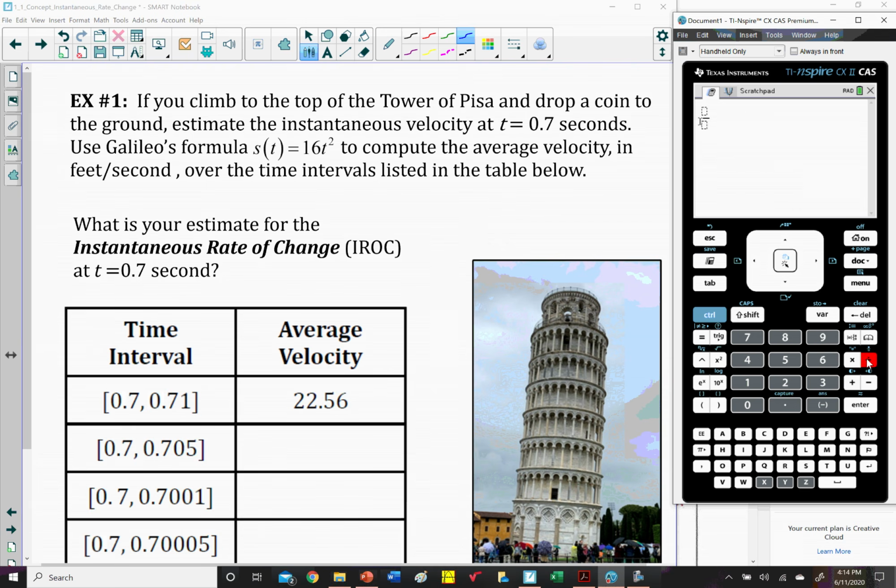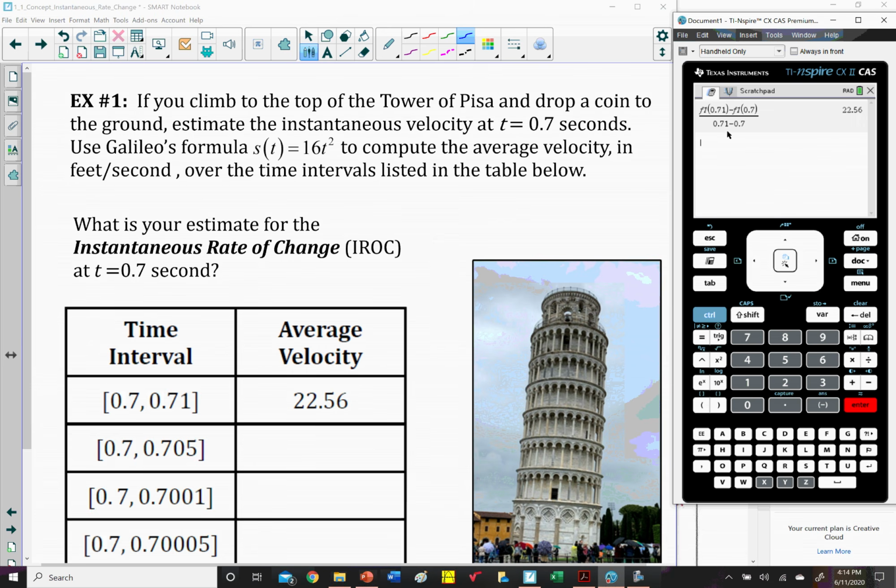So I can replicate that here by taking the function value at 0.71 of a second and subtracting the function value at 0.7 of a second, and dividing by 0.71 minus 0.7. And we get 22.56 feet per second.